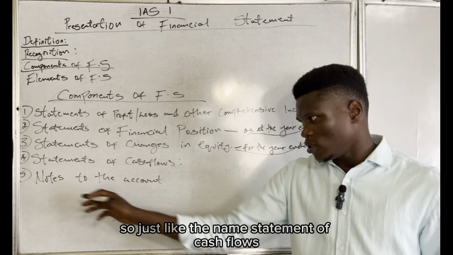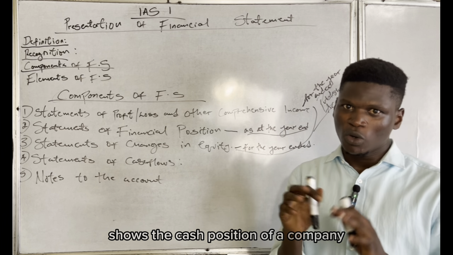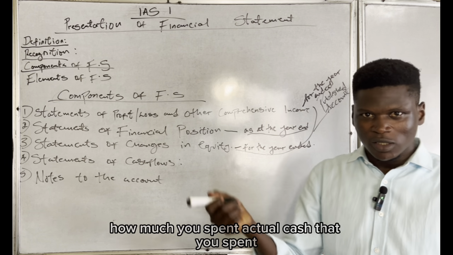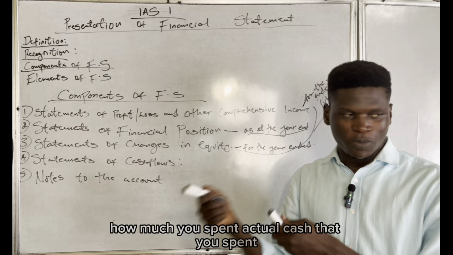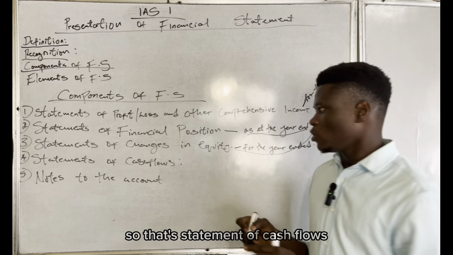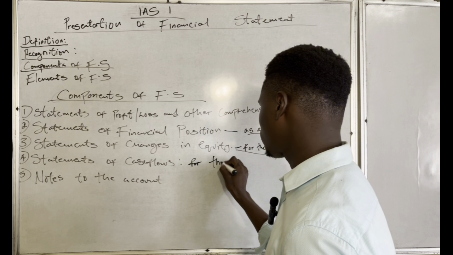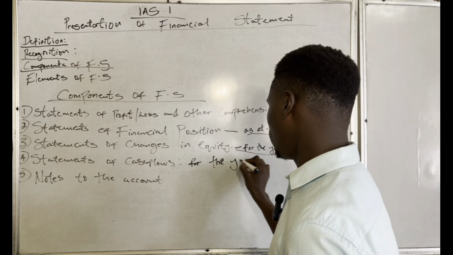So just like the name, statement of cash flows shows the cash position of a company, how much you spent, actual cash that you spent, and the actual cash that you received. So that's statement of cash flows. It is also for the year ended. For the year.